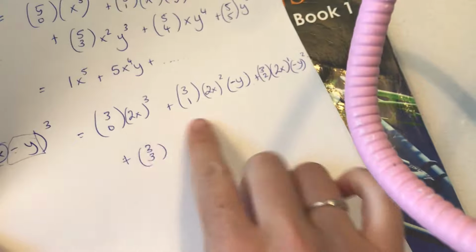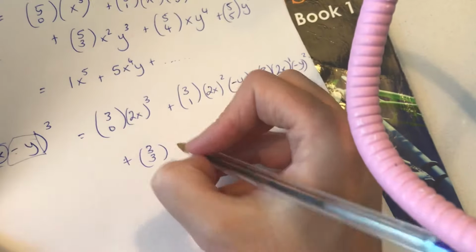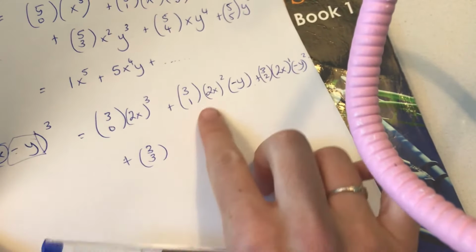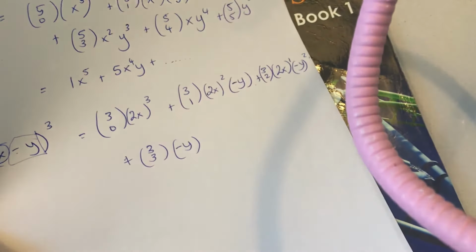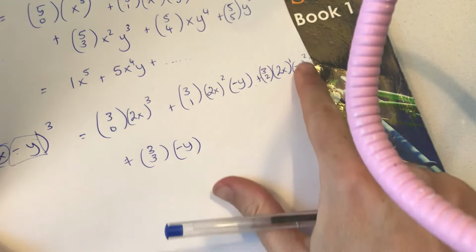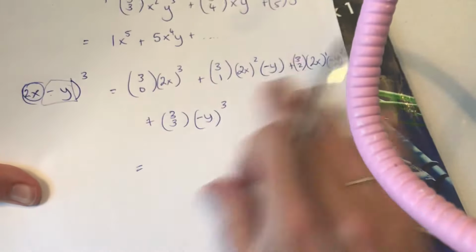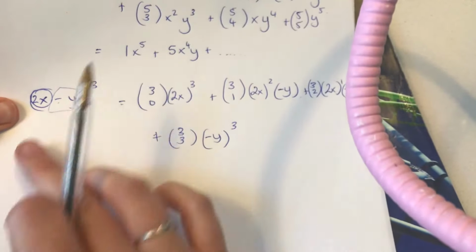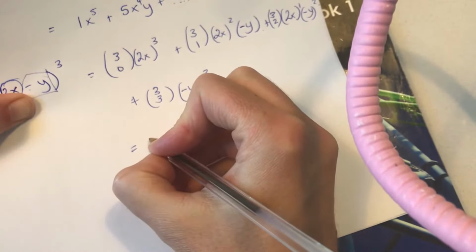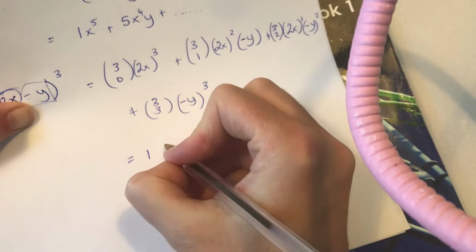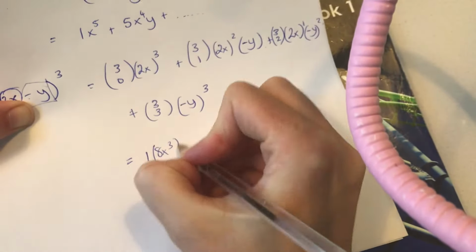We have the first one going down in powers, so this would now be to the power 0, so it disappears, or turns to 1. The second one is going up, so it's minus y to the power of 3. If you work this out, that's the same as multiplying this out by itself 3 times. 3 choose 0, anything choose 0 is 1. 2x to the power 3 is 2x by 2x by 2x, which is 8x cubed.